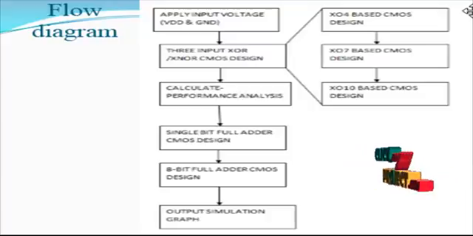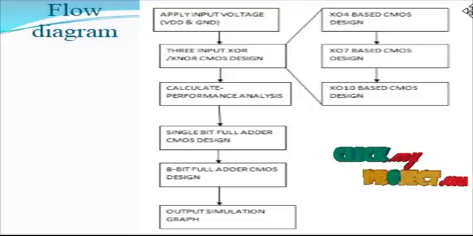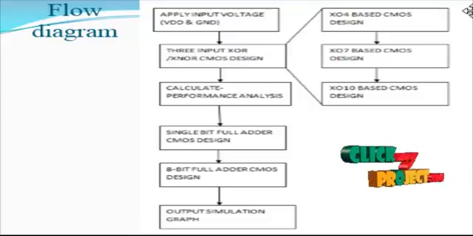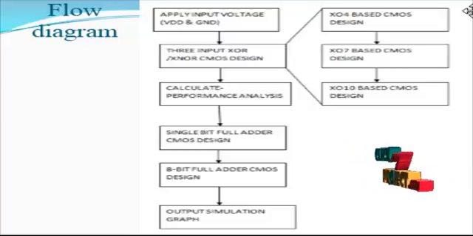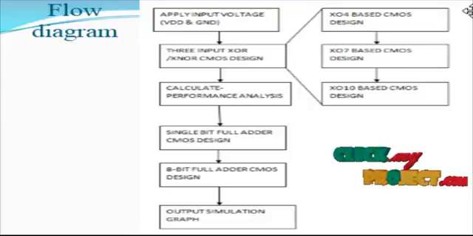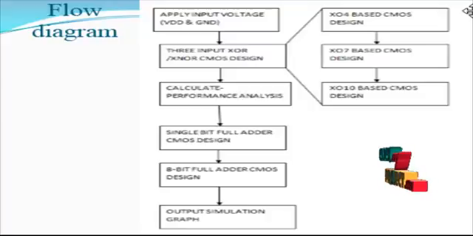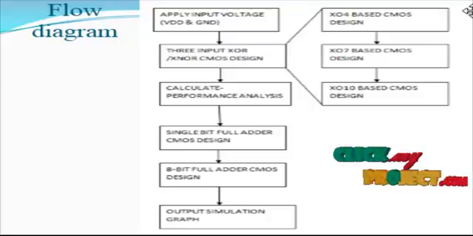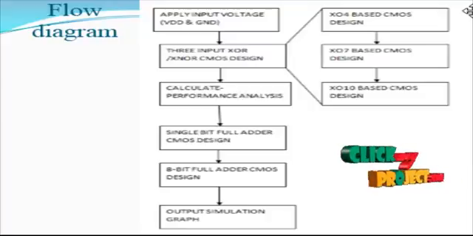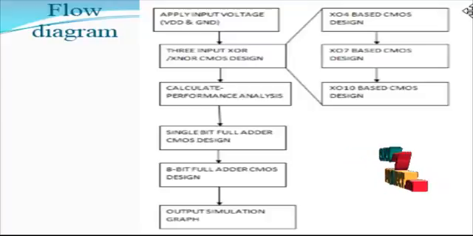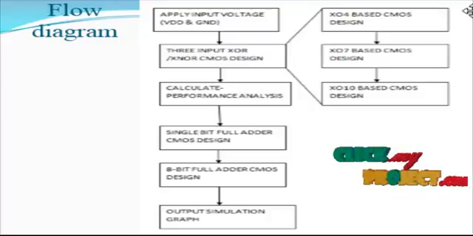This circuit is analyzed for input and output voltage variations and power variations based on performance analysis. If the conditions are satisfied in the X0 based CMOS design function, then the XOR XNOR based design is applied to the single bit full adder architecture.